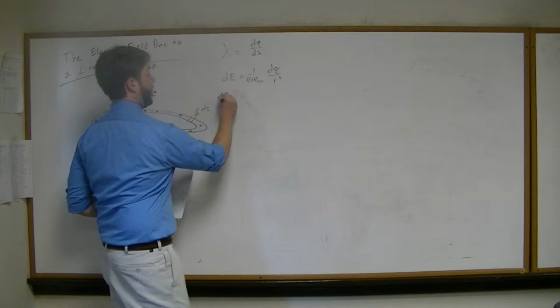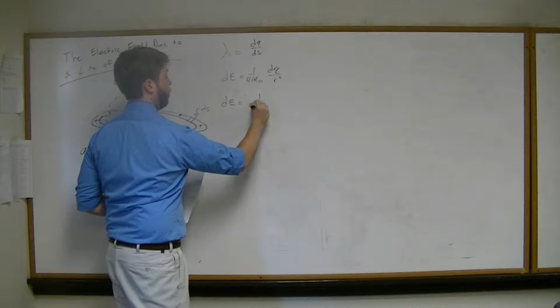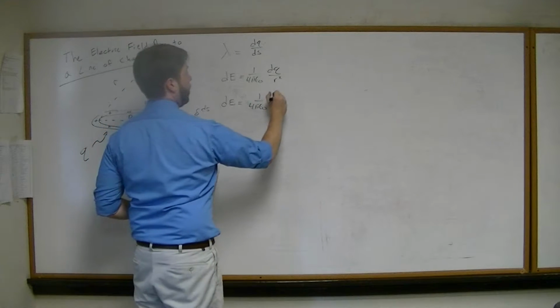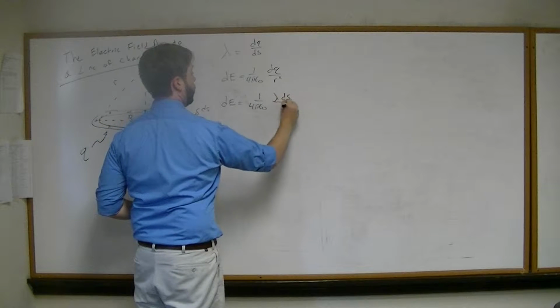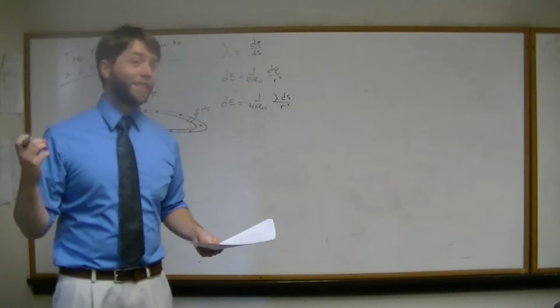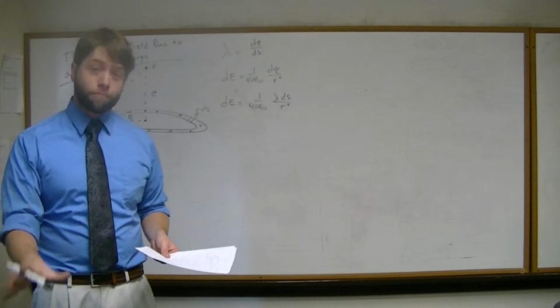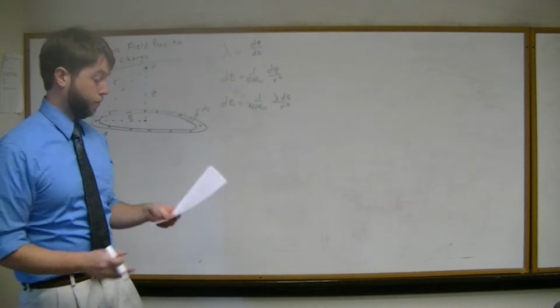So now I'm going to have that dE, the small amount of electric field, is equal to 1 over 4 pi epsilon naught lambda ds over r squared. You should notice that this problem is starting exactly the same as the previous example. So that should make things a little smoother.